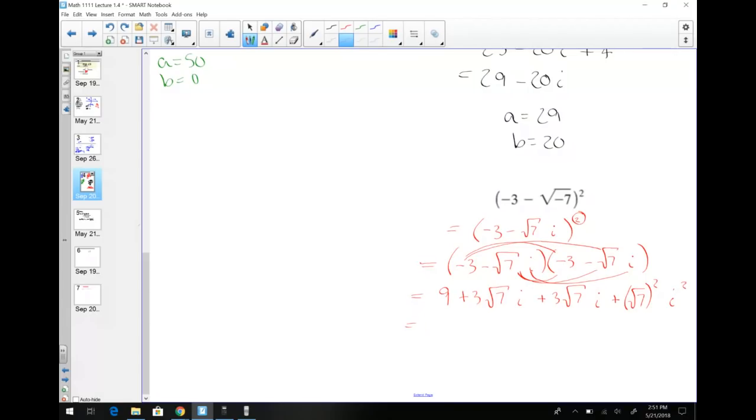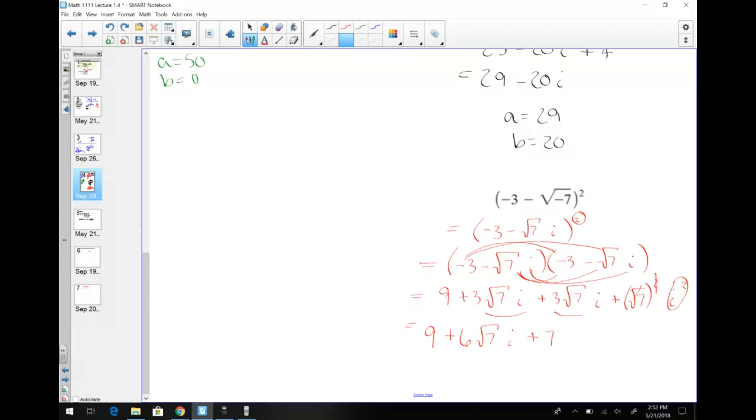Well, first of all, I know that I can go ahead and add these two together. So I've got 9 plus 6 square root 7i. And then note that I have square root 7 squared, so that square cancels out with the square root. That gives me 7. So remember, squares and square roots cancel out.